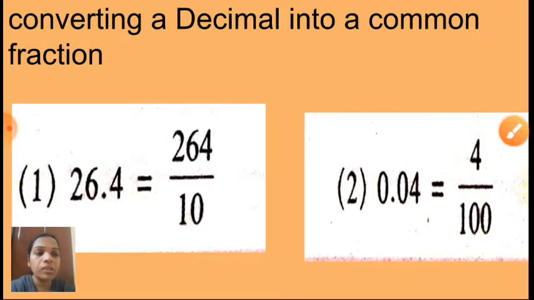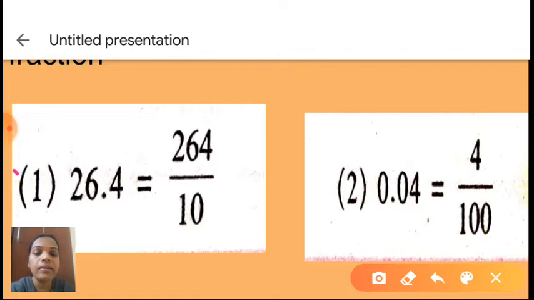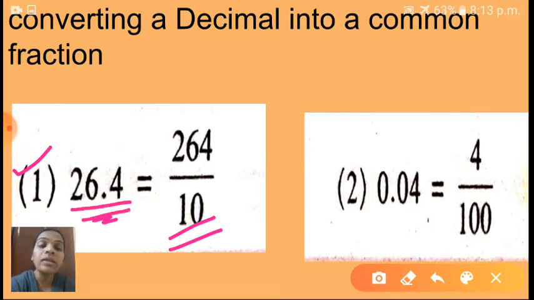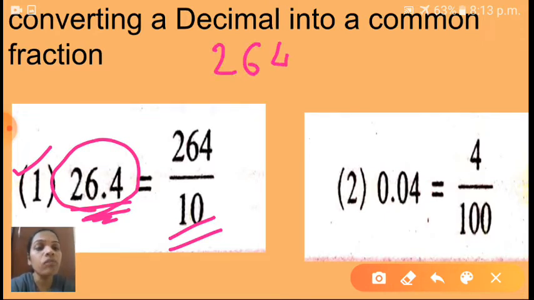So what is the first step? First example, see here, that is 26.4. So the first step, do you know what? Yes, you have to ignore this decimal point. So this number you have to write in the numerator place. If you are ignoring the decimal point, what will you write? Very good, 264.